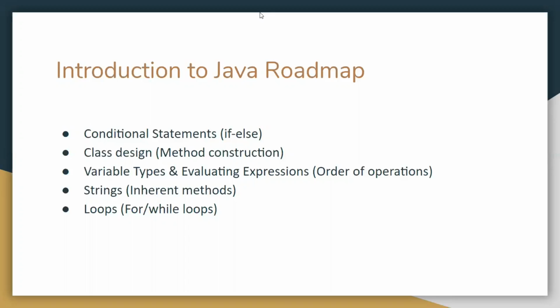On the fourth class, we went over strings. The main important part of strings is to know that there are certain inherent methods that Java has for strings, and because strings are not primitives, we can call upon these functions to use. For example, I mentioned the string.length method, which gives how many characters there are within, say, a string of characters or a phrase.